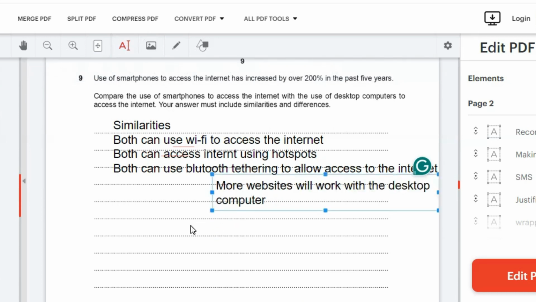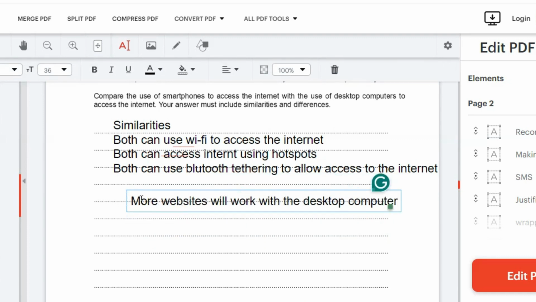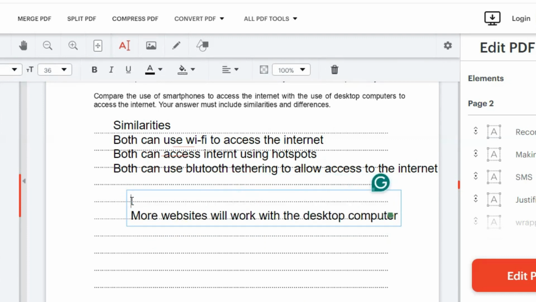All right. So let's also label it as differences. So this is the number one difference. More websites will work with the desktop computer.